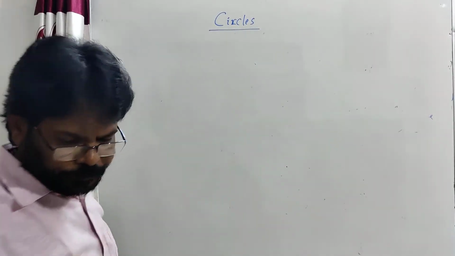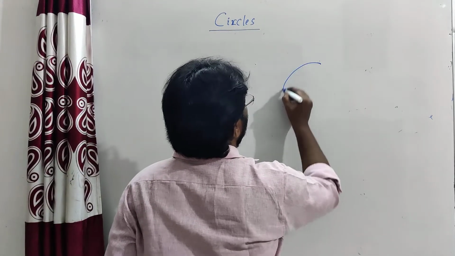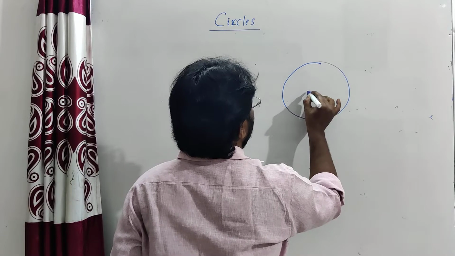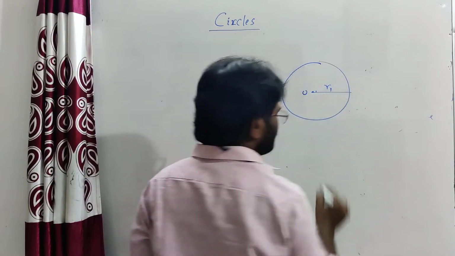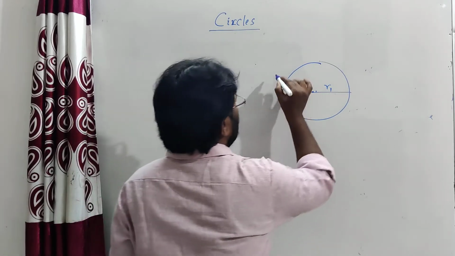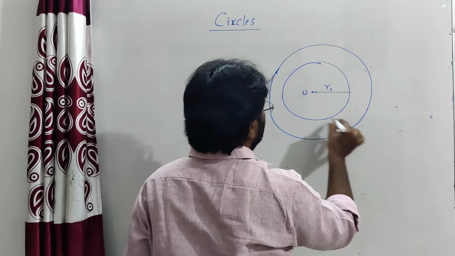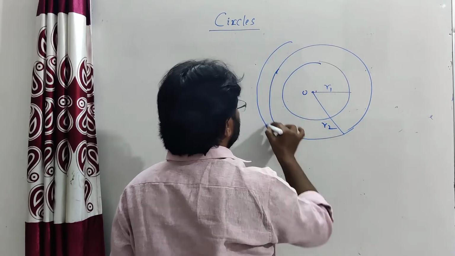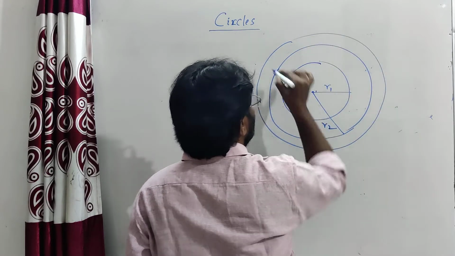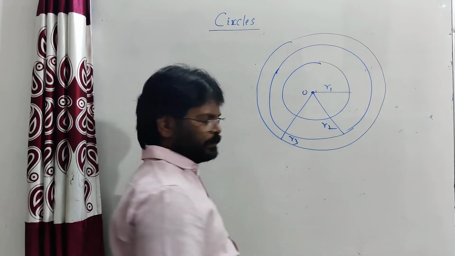See, this is the circle with center O and radius R1, let it be. Another circle we drew whose radius is, suppose, R2. Another circle is drawn whose radius is R3, but the center is fixed.